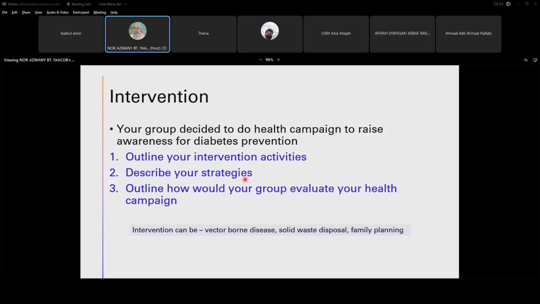Then only you realize that the strategy is in the second question, or there isn't any question on strategy, but more than half of your answer is on strategy. That is what we call answering what is asked for. So be careful with that. What is activities? What is strategy?